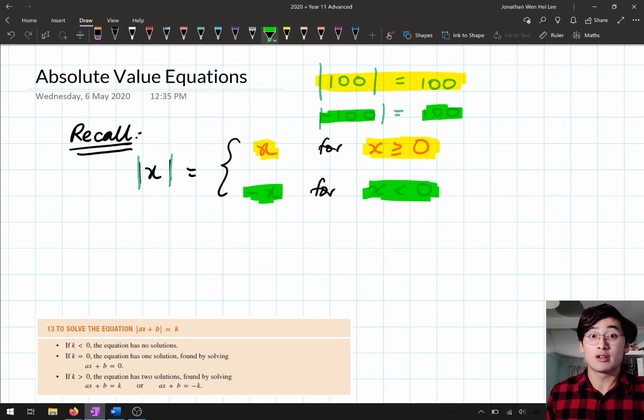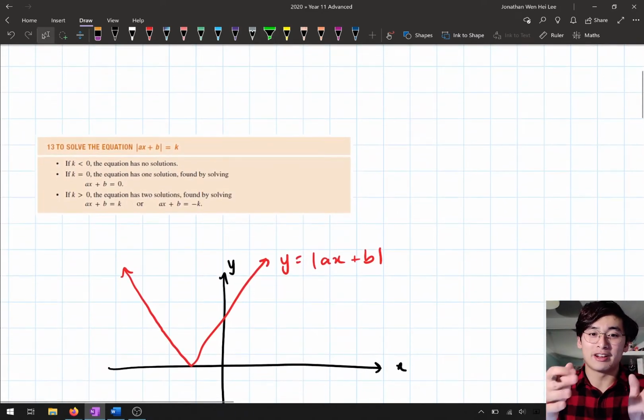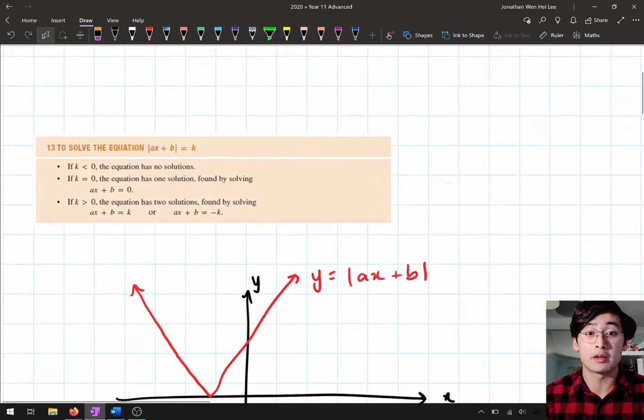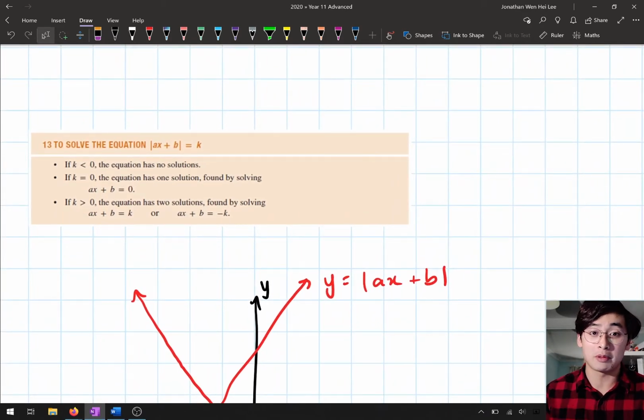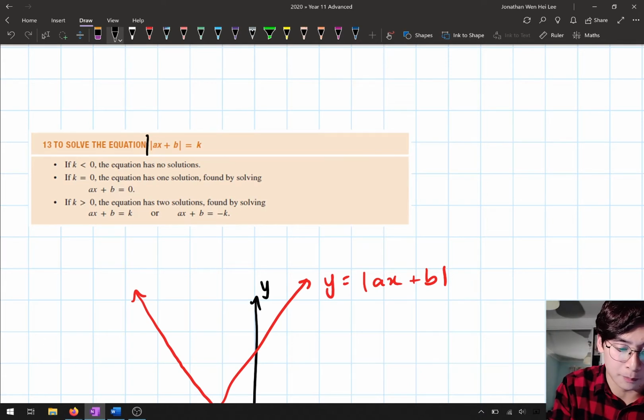What we're doing in this section is looking at what happens when we solve equations that include these absolute value functions in them. Now here in your notes and also on the screen is a few sets of notes, and it's also in the booklet that you've probably downloaded or are getting a physical copy of. When we're solving absolute value equations, there are three conditions that we're looking at. So here the sort of equation that we're looking at is of this form.